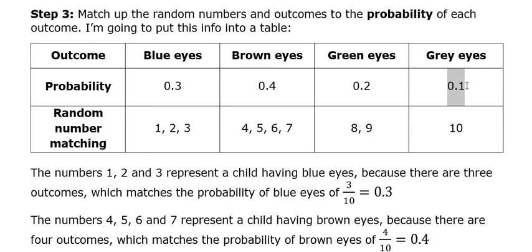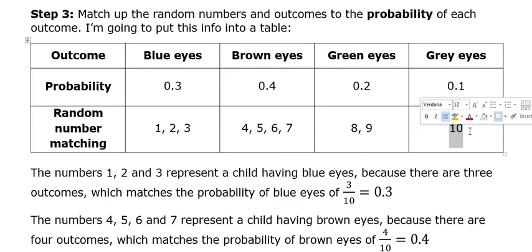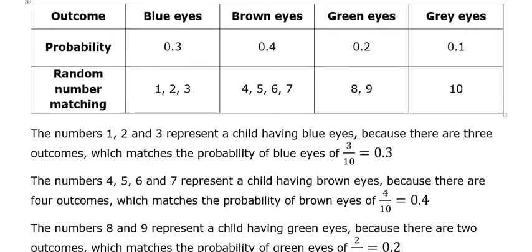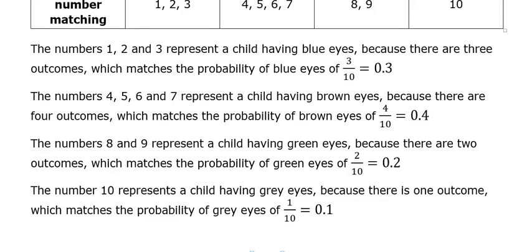Then I get to my last one, grey eyes, which has a chance of 0.1. I've already used up the numbers 1 through to 9, so the only number between 1 and 10 that's left is the number 10. So I'm going to allocate the number 10 to represent a child with grey eyes. And that's what I've described there below for you.